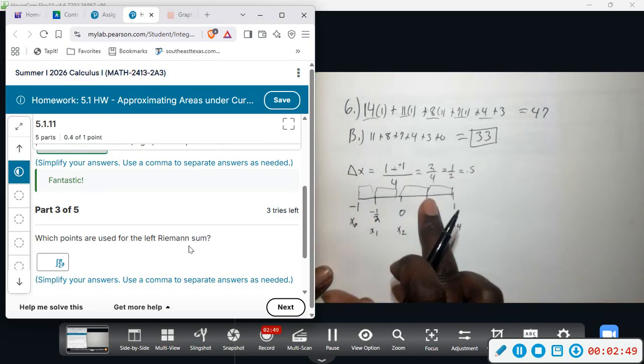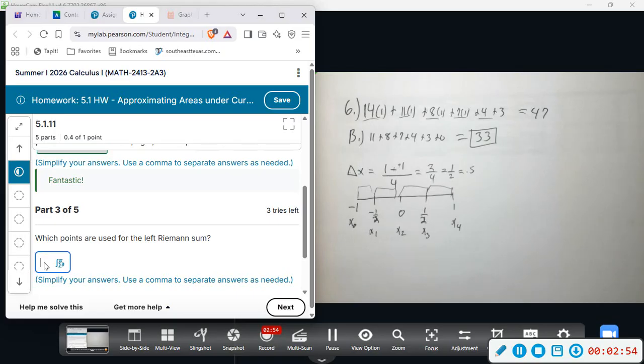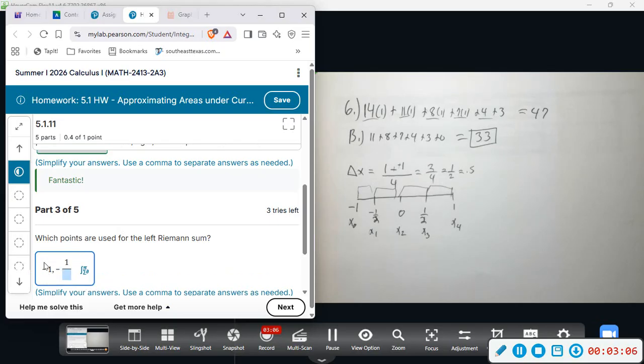So these 4 on the left, 1, 2, 3, 4. We will use -1, -1/2, 0, and 1/2.